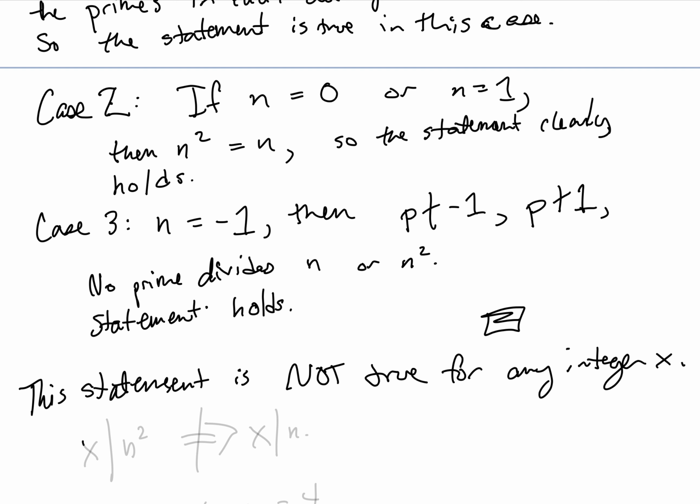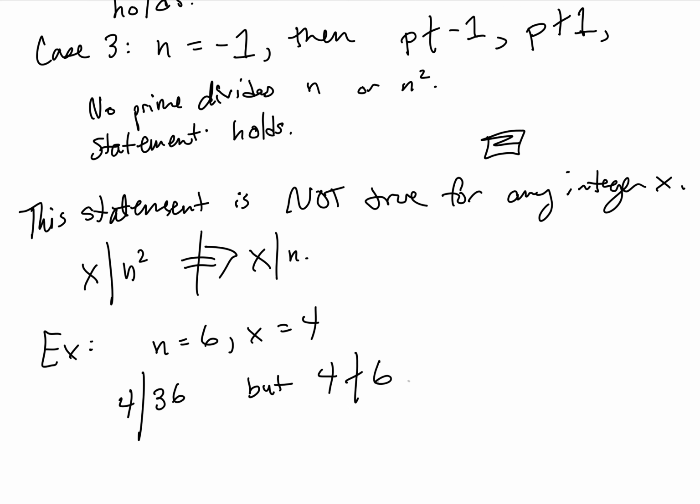So, for example, x divides n squared does not imply that x divides n. Let's see an example of this. If n is equal to 6 and x is equal to 4, then 4 does divide 36, 4 does divide n squared, but 4 does not divide 6. So the theorem above holds when p is a prime, but does not hold in general.